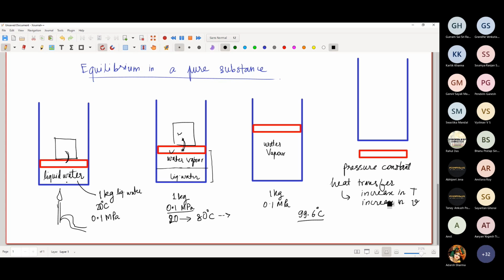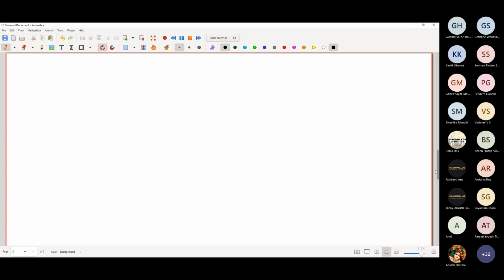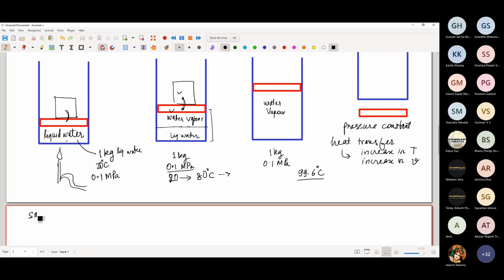Now we define what is termed as the saturation temperature, and the saturation temperature is the temperature at which vaporization takes place given a certain pressure.